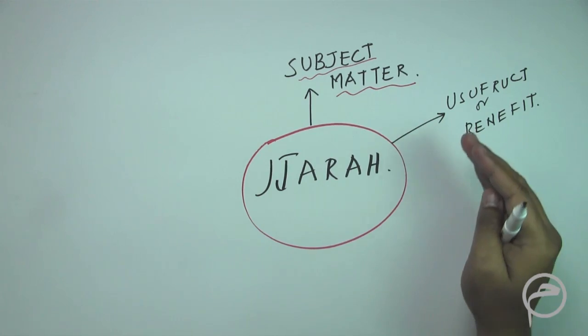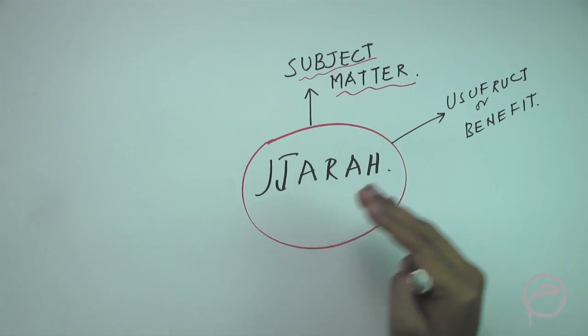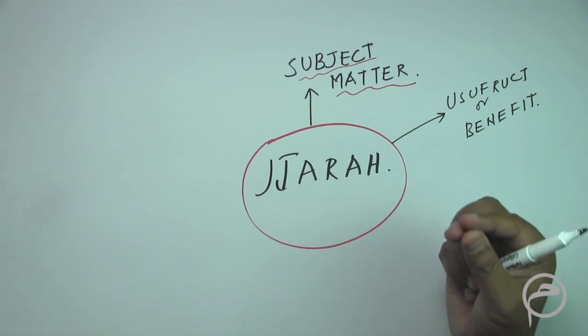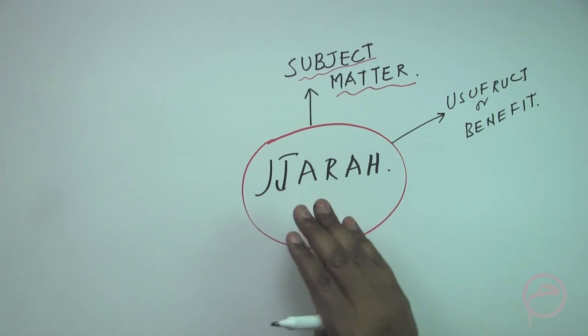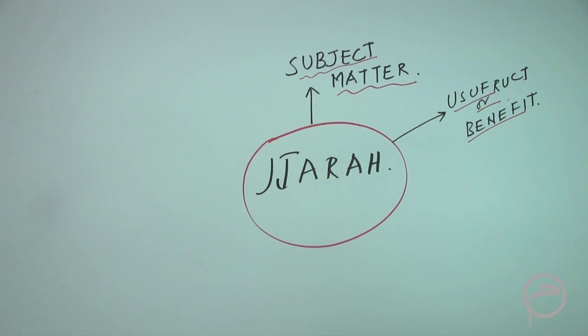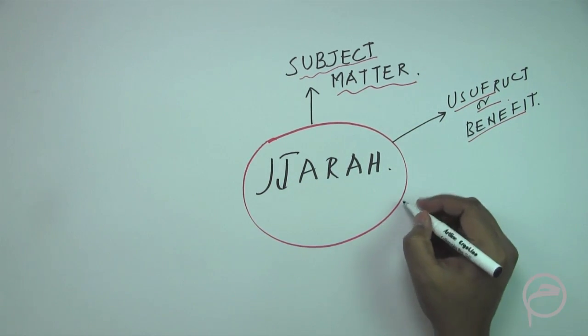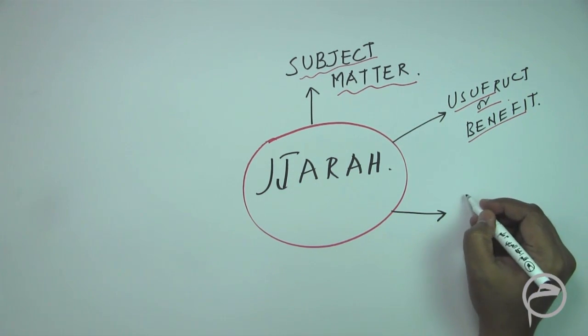So the other important point is that when the subject matter or when the asset is being leased, that asset needs to have a usufruct or benefit, and that benefit needs to be properly transferred from the lessor to the lessee. Now let us discuss about the third principle, which is related to the rent.